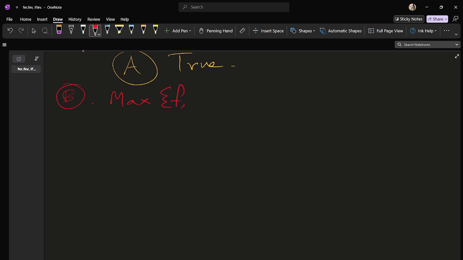We know the maximum formula: f plus g plus mod of f minus g, by 2.